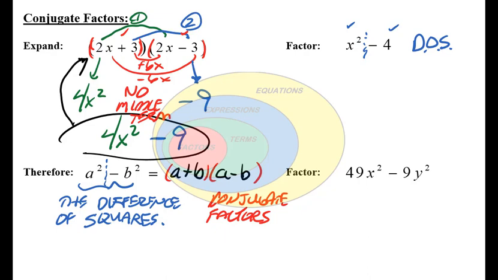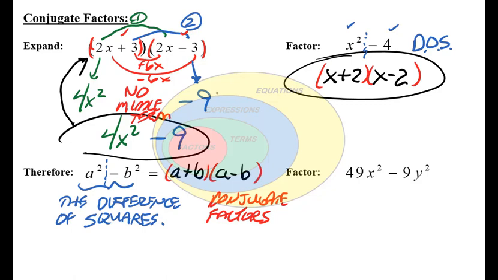So it should factor then to two conjugate factors. Well, the first term must be x and x so that I get the x squared, and then it would be plus 2 minus 2 to get the negative 4. And again, if you multiply this out, we would get x squared minus 4. So this expression factors to x plus 2, x minus 2.